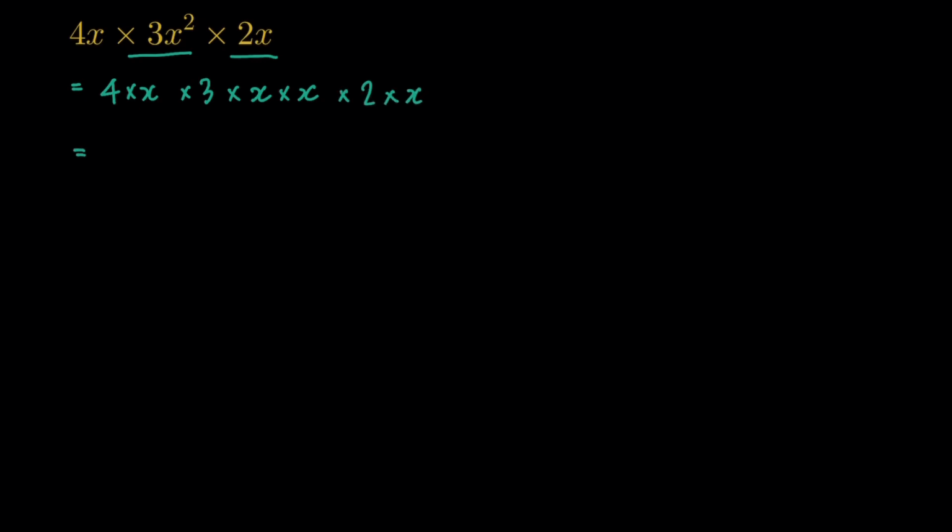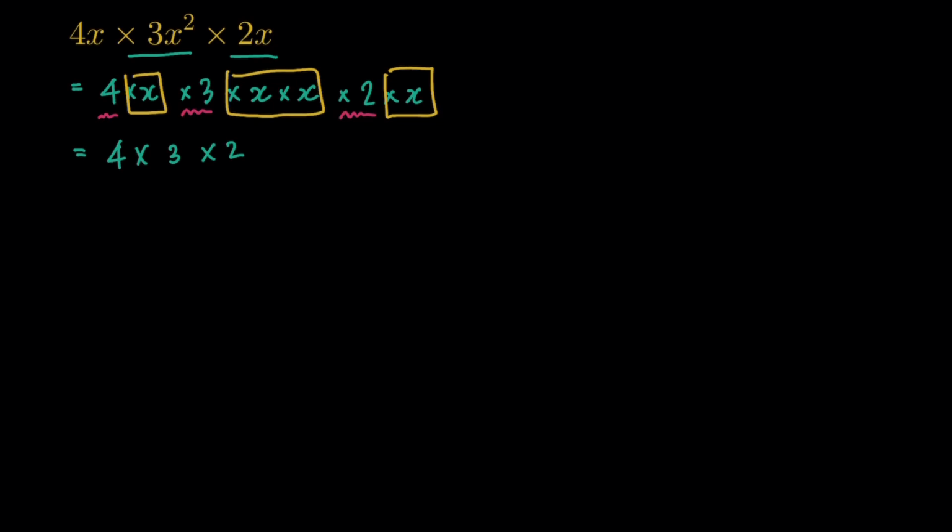Then we're going to collect the numbers. So we're going to calculate those first. I'm going to underline them. It is 4 times 3 times 2. And then we're going to find out how many x's or how many variables are being timesed. Here, it is just the x's. So let's collect them.